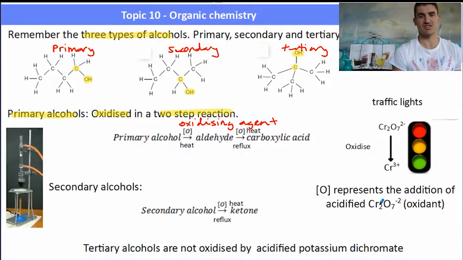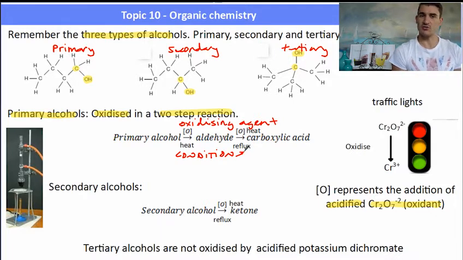The potassium is just a spectator, so we don't need to write that as our conditions. We also need to apply heat for this reaction to turn a primary alcohol into an aldehyde. Once we've formed an aldehyde, then more oxidizing agent is added, and the technique called reflux can turn our aldehyde into a carboxylic acid.